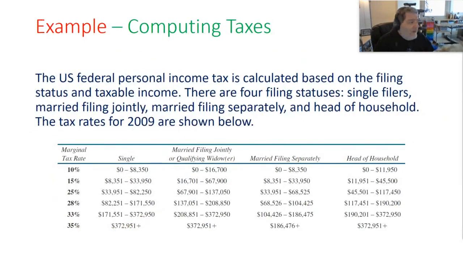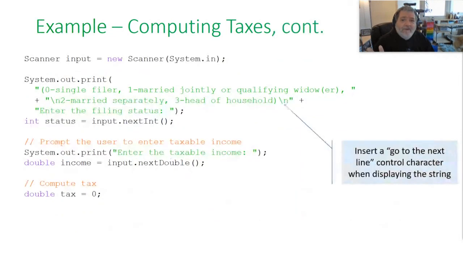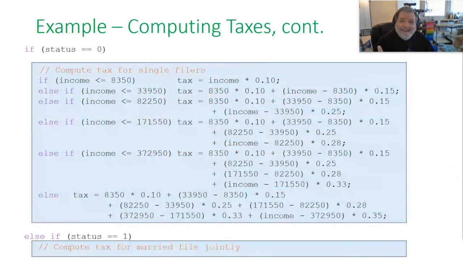By chaining the if-else statements, we can work through that kind of problem very easily. For the sake of time, I'm going to skip that example from the lecture, but it's also detailed in the reading assignment. It's an example of a very involved bunch of if else, if else, if else. If the status you use to file your tax is 0, which corresponds to single, I think, so if you are a single tax filer, then you have all of those if elses to compute the value of your tax.